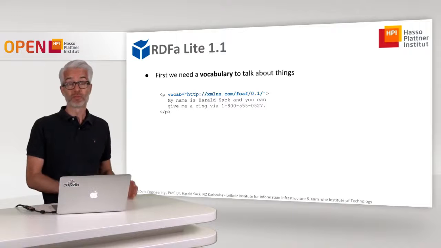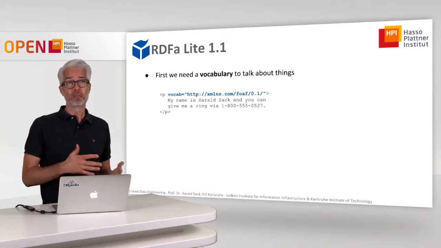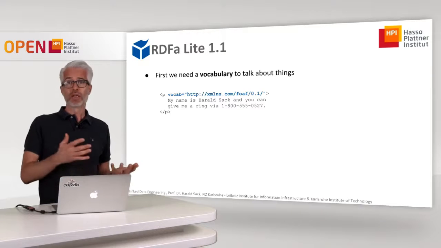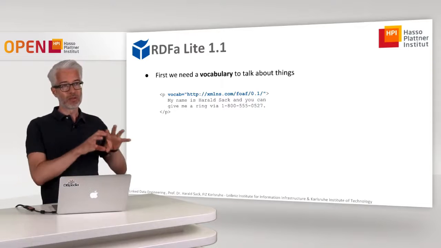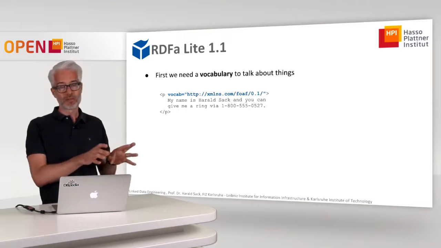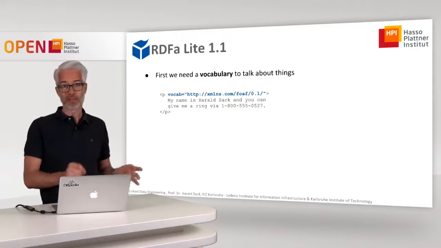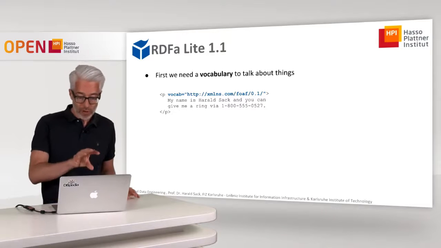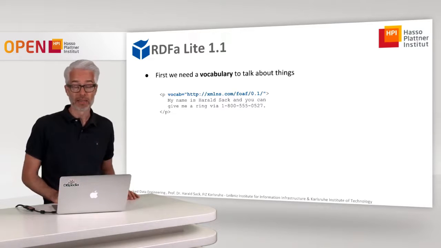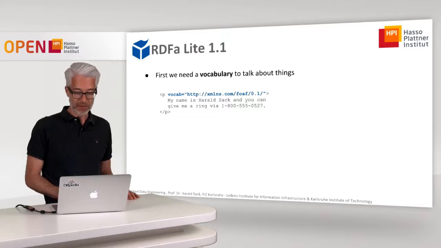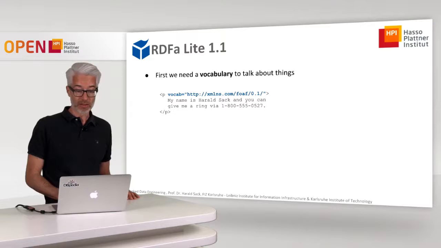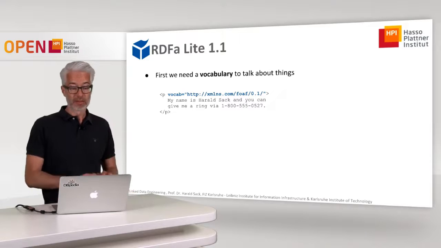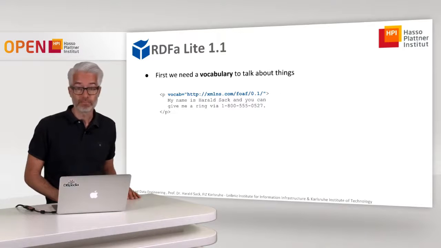FOAF is a very prominent vocabulary which is used to express, for example, relationships in social networks, to include structured data about persons, addresses, organizations, and stuff like that. So we are using exactly this kind of namespace here. It's the FOAF namespace, where all the properties and classes that we are using here are defined. So this is the vocabulary that we are using.